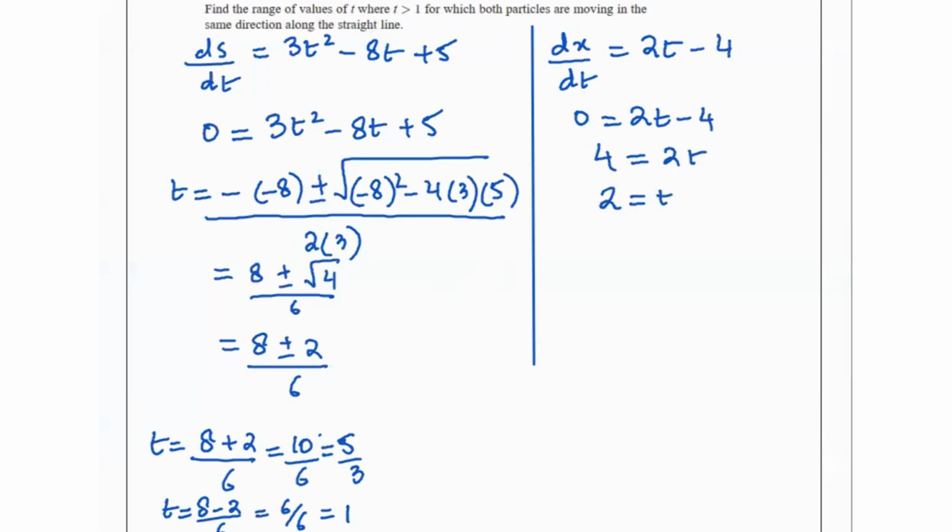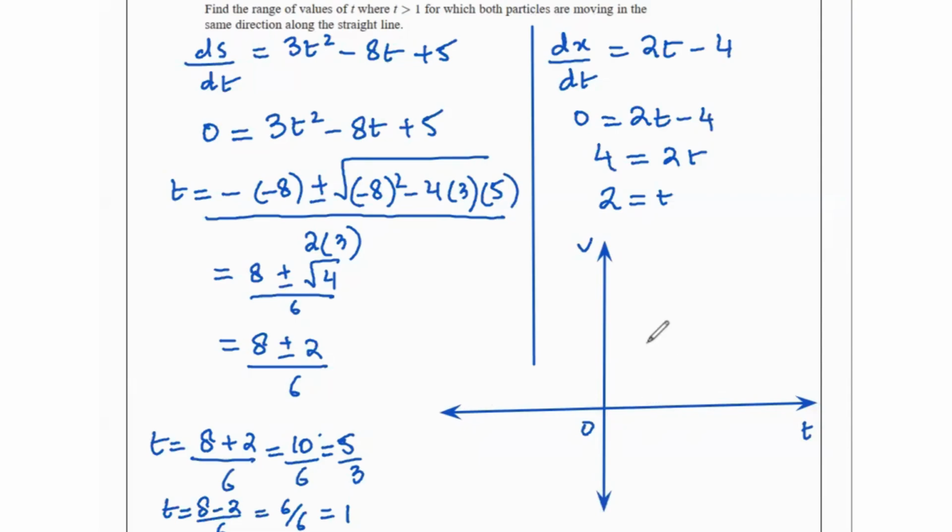Now, to understand at which point the direction is going to be the same, we draw a rough sketch for the velocity function for both particle P and Q. So particle P, the velocity time graph will be crossing the x-axis, the t-axis over here, at t equals 5 over 3 and t equals 1.